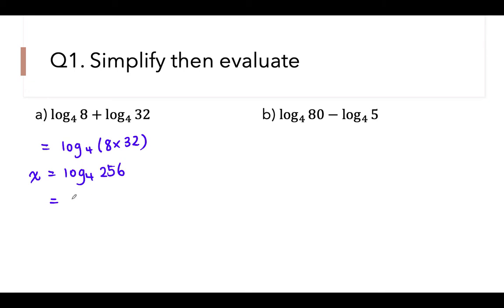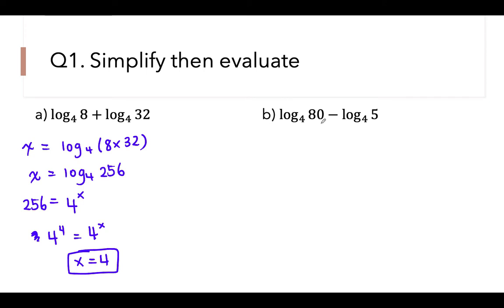So 4 to the power of x is equal to 256. And we know that 256 is 4 to the 4, so 4 to the 4 equals 4 to the x. Therefore x is equal to 4.